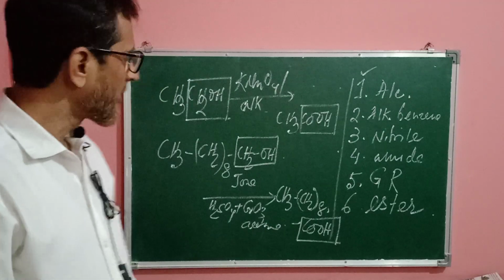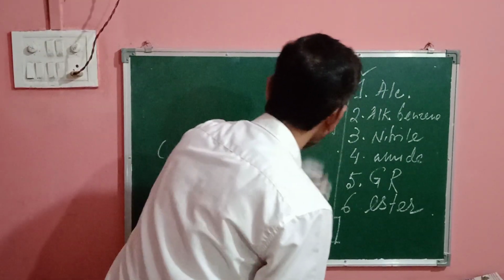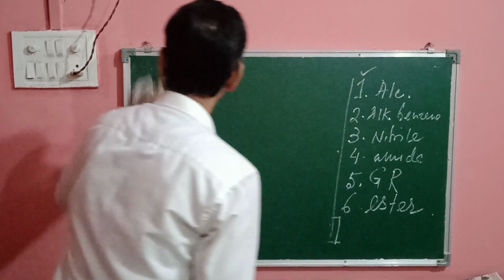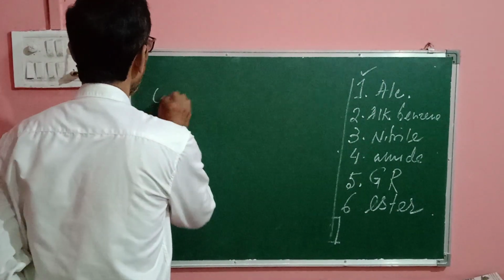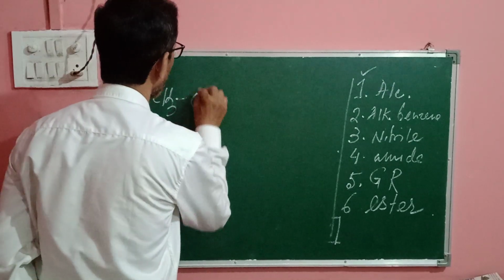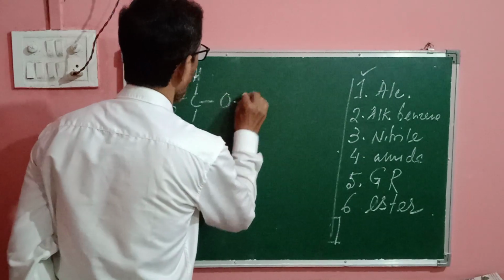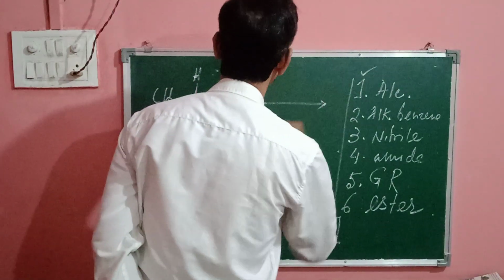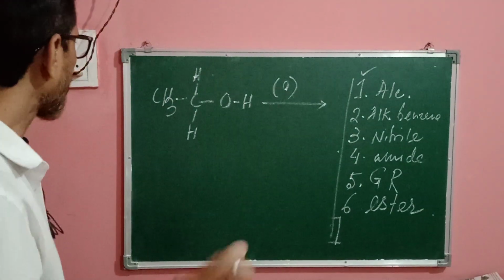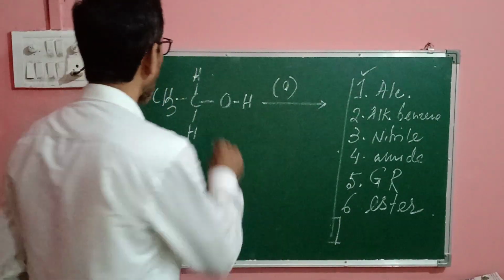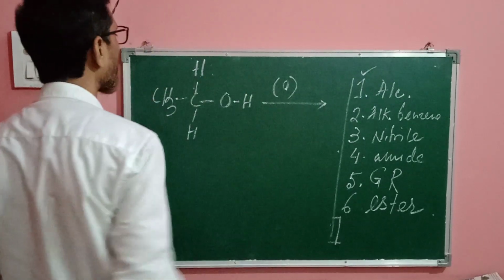Now, one simple thing I am explaining here is, if you cannot keep in your mind how the CH2OH group on oxidation converts into COOH, just follow me and you will understand it. This is the overall process but not the mechanism.